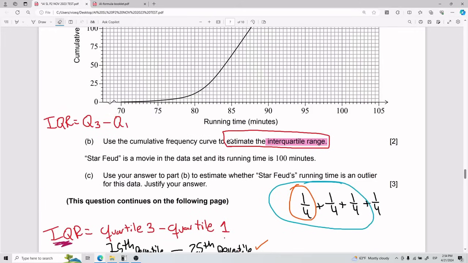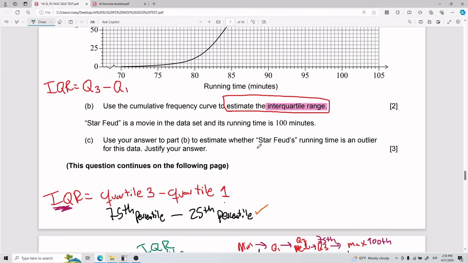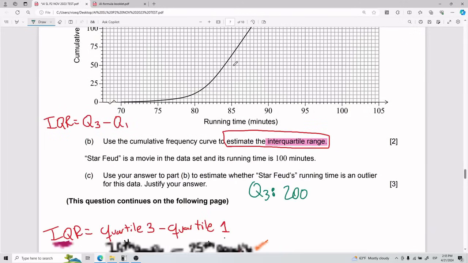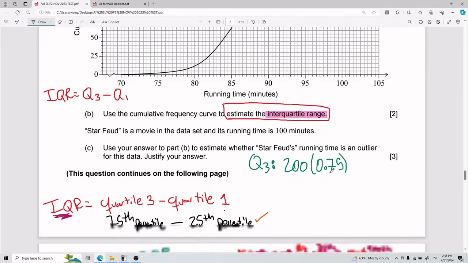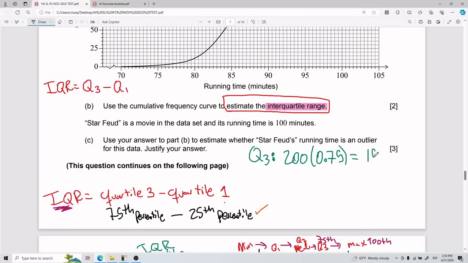And so if I go all the way back here, when you estimate the interquartile range, I'm considering Q3 and Q1. And so to find Q3, I take my total, 200, because 200 movies, and I want to find which value is at 75%. So 200 times 0.75, boom, 150.